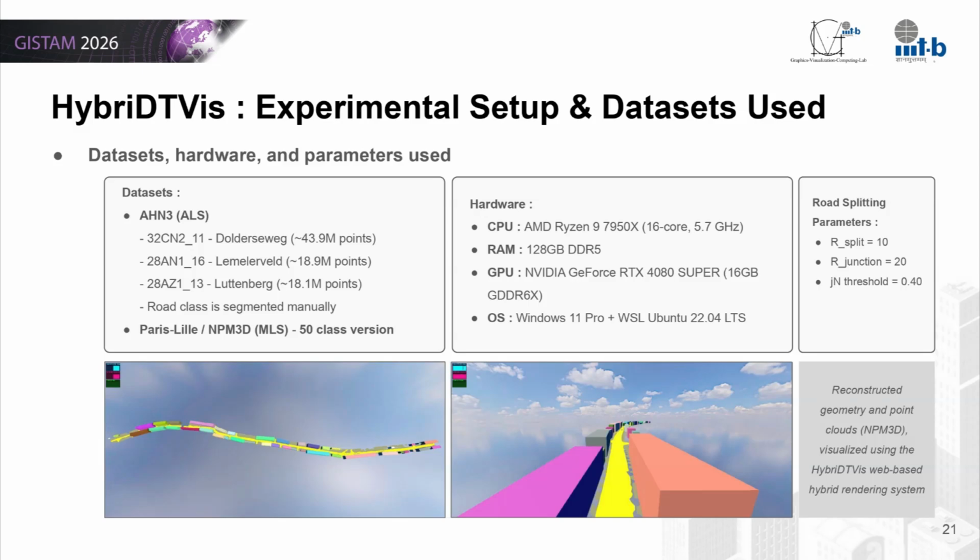For Paris Lille, we used the 50 class version of the dataset as it provides instance level segmentation. And at the hardware level, we used an AMD Ryzen 9 processor with 128 GB RAM, coupled with an RTX 4080 Super GPU with 16 GB VRAM. And similar to the HN3 results, we can observe consistent reconstruction performance on the Paris Lille dataset as well.